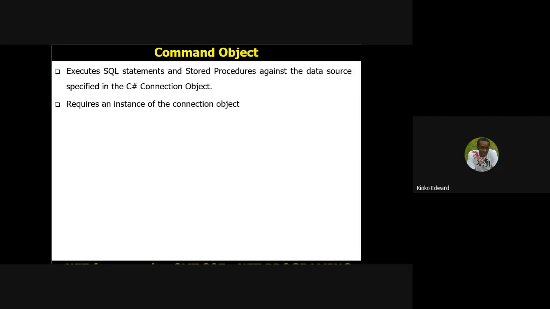So when we are using the command object, we shall be able to pass an instance of that connection object. This will become very clear in a minute once you have done the practical example. But please note that the command object allows us to execute a certain SQL statement.